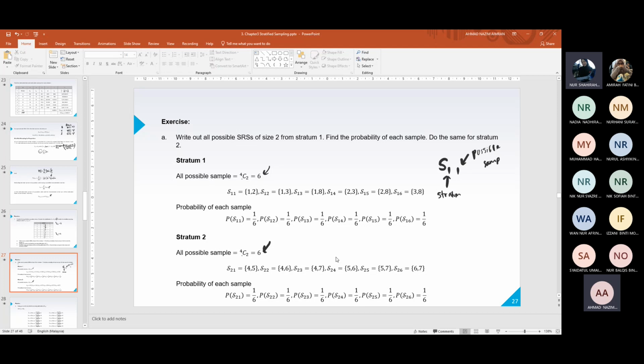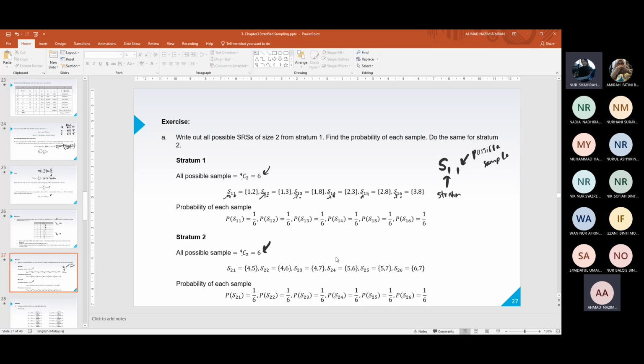Since we have 6 possible samples, the value here changes from 1 to 2 to 3, 4, 5, and 6. But the number 1 at the front remains because it represents the stratum number 1.